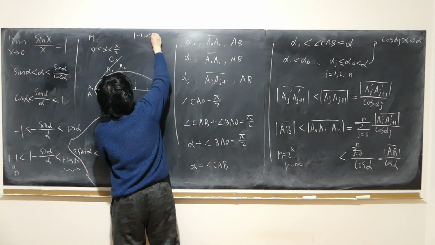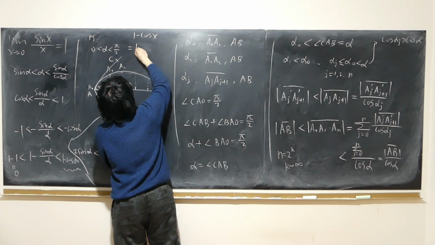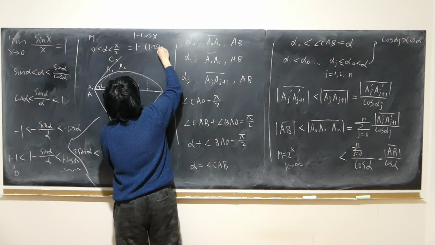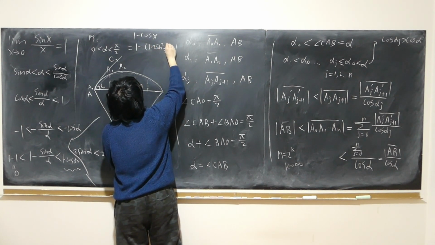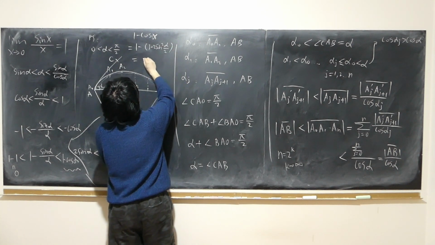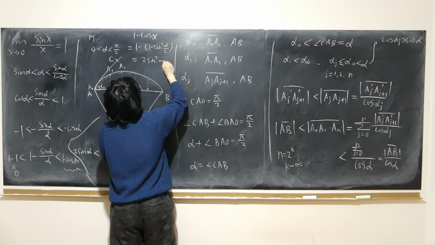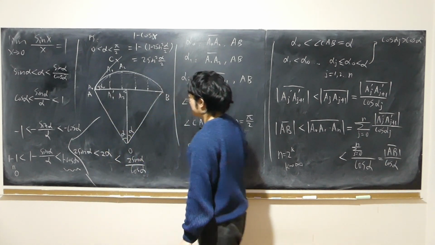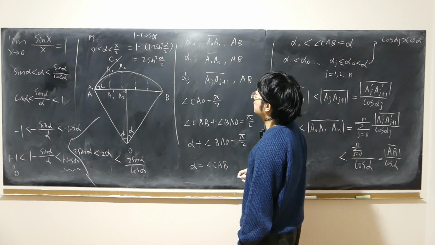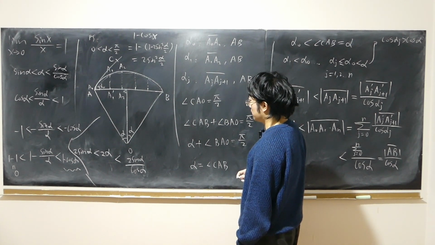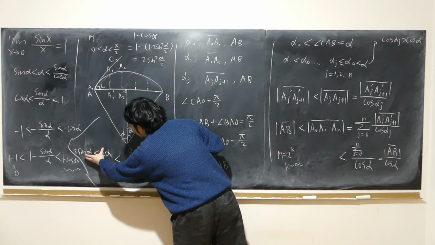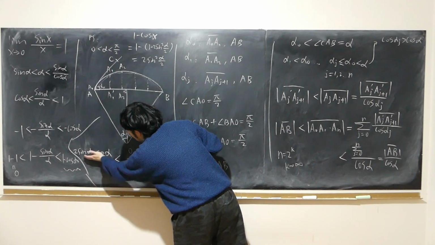Because 1 minus cosine alpha, by the double angle formula, cosine alpha is equal to 1 minus twice sine squared half of alpha. Right, so 1 minus cosine alpha is equal to twice sine squared half of alpha. So, like I showed, sine alpha is less than alpha.